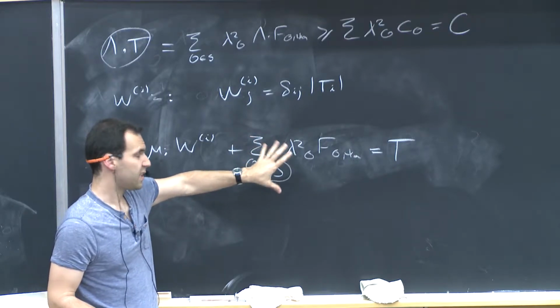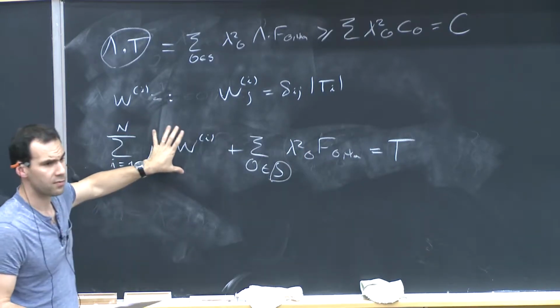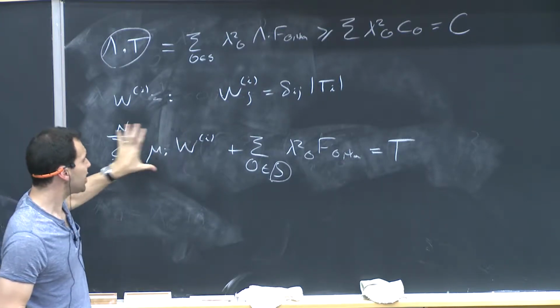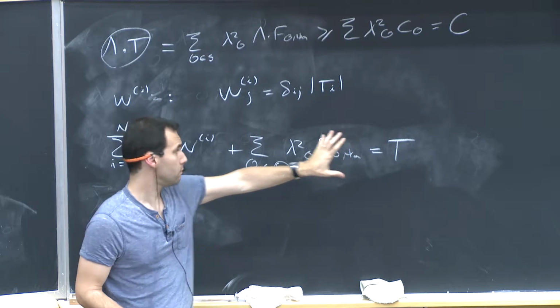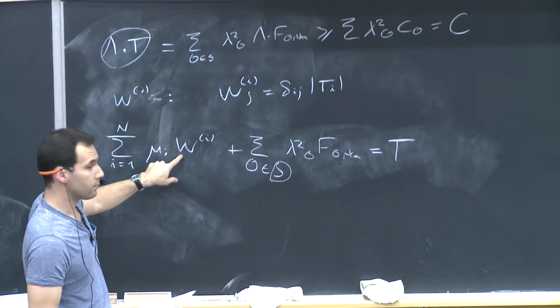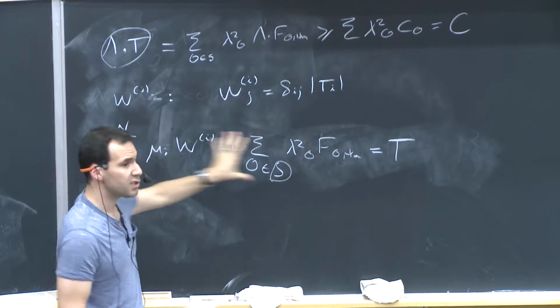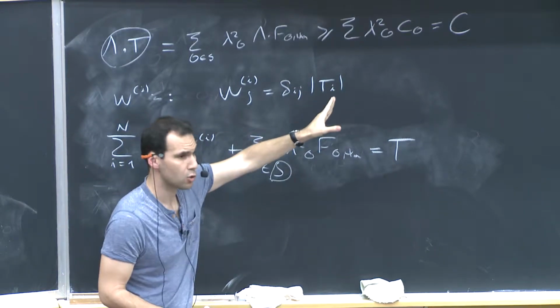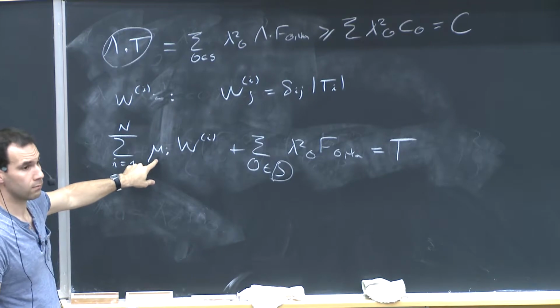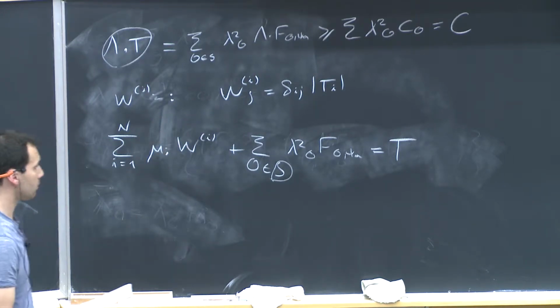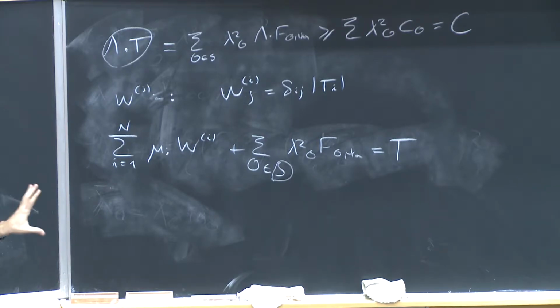But as a first step, I add some fake vectors, some auxiliary vectors, such that this equation has a solution for sure. Look, by construction, since these w's are equal to this, a solution to these constraints is where you set the lambdas all to 0 and the mu's to 1. So this has a solution.